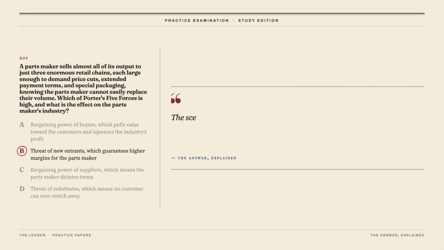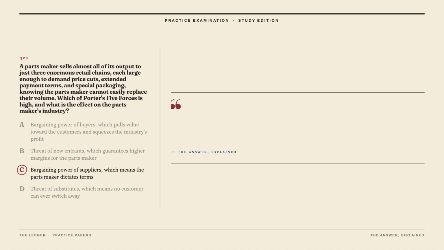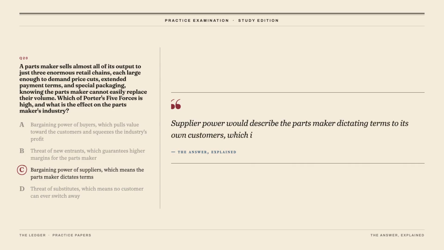B is wrong because the scenario is about powerful customers, not the ease of new firms entering, and strong buyer power reduces rather than guarantees margins. C is wrong because supplier power would describe the parts maker dictating terms to its own customers, which is the reverse of what is happening here.